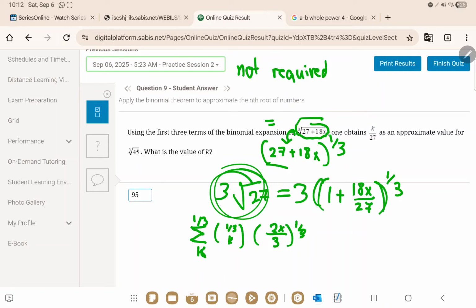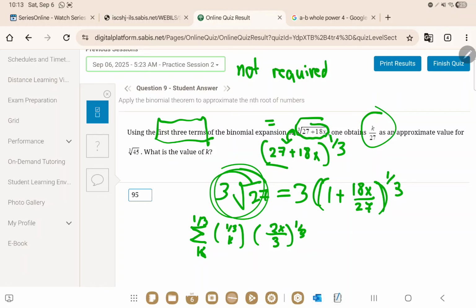Yes. So now we get to solving. We want to obtain something using the first 3 terms. By the way, you're only obtaining this answer to approximate a value. So listen. Now let's solve.